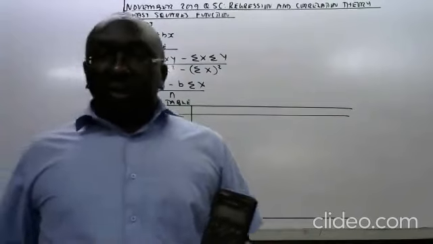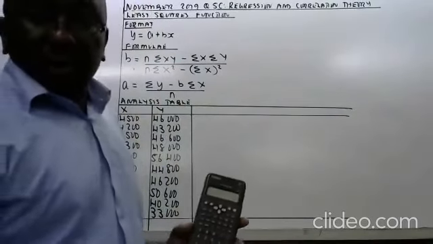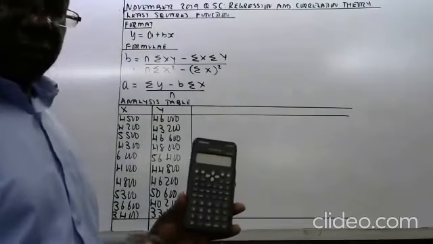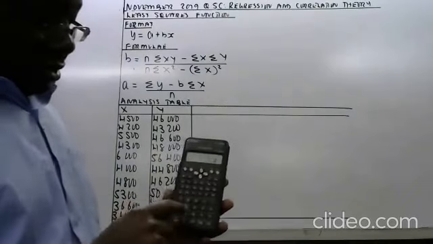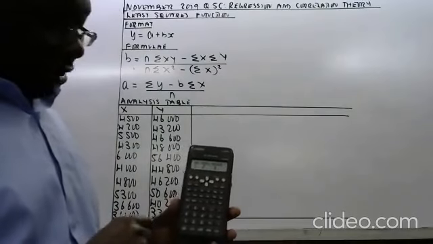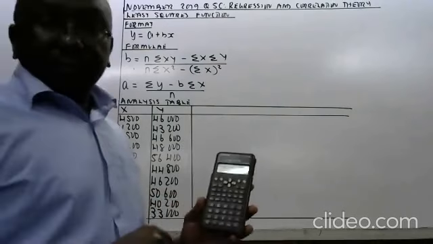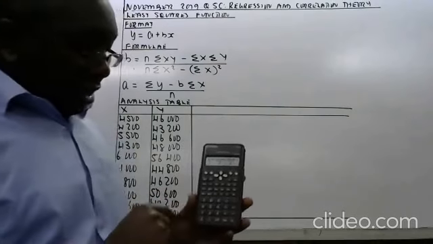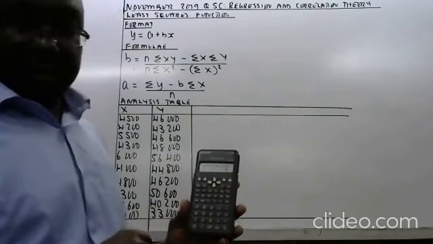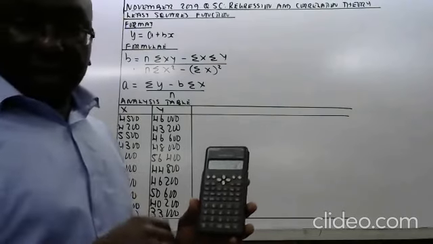Take your calculator and try to follow. We said you press mode until you see regression. You press the number below it. And then you see linear, you press the number below it. Make sure you're following because I may not get time to repeat.